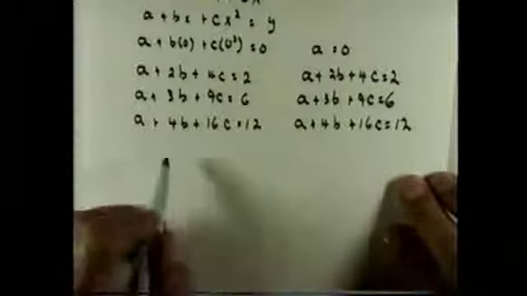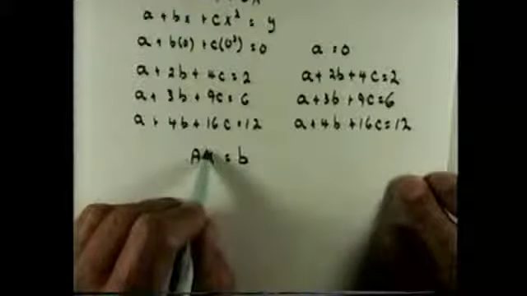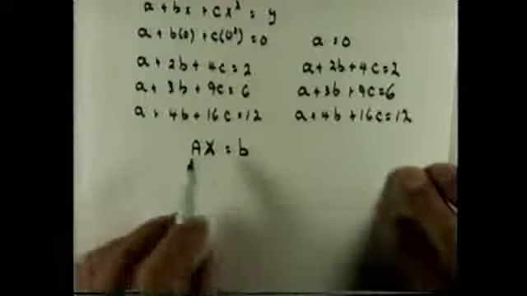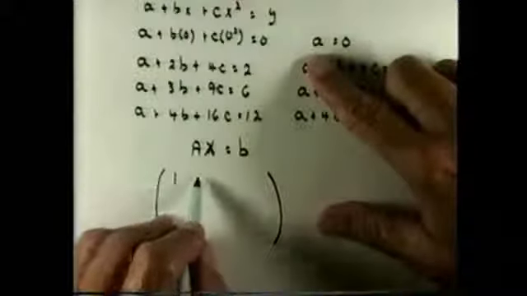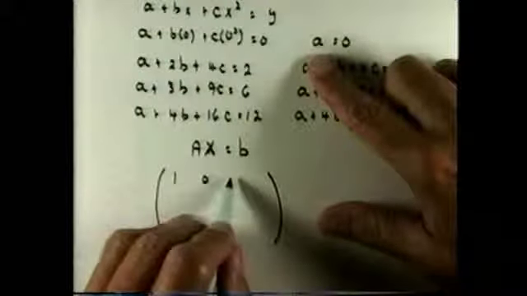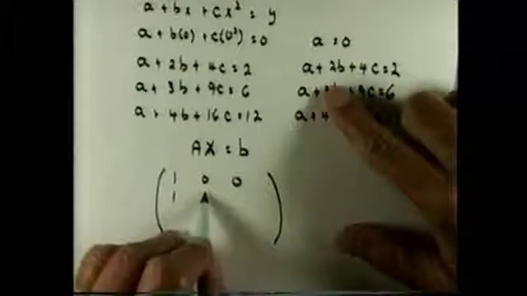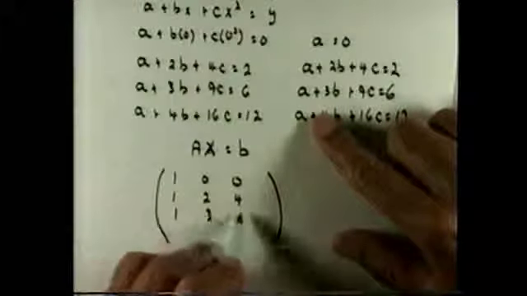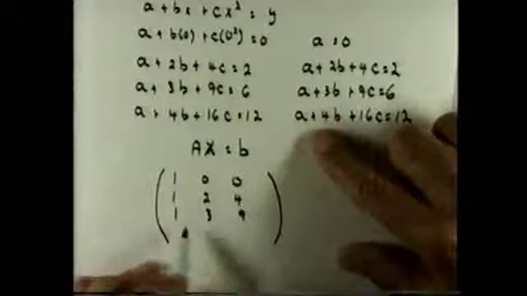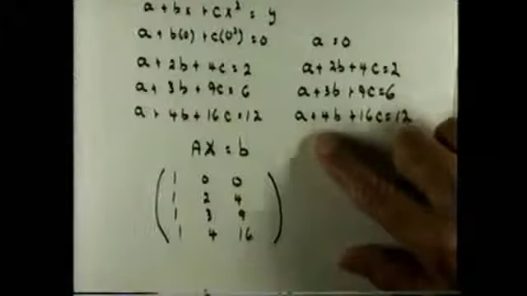Now we need to write it in the matrix form, AX equals B. Well, A is your coefficient matrix. So here we have 1, 0, 0. Here I have 1, 2, 4, 1, 3, 9, 1, 4, 16.